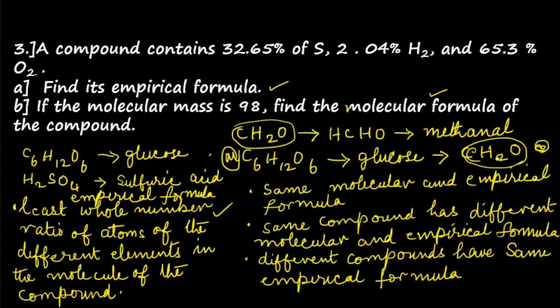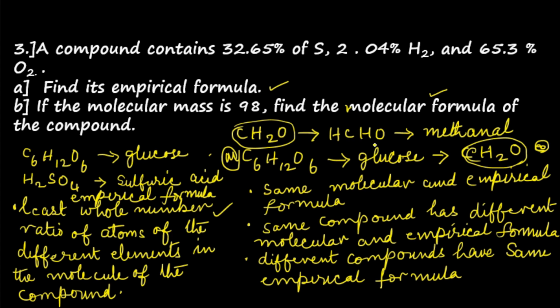If different compounds have the same empirical formula, their molecular mass will be different. What did I say? 2 different compounds have the same empirical formula. Take the same example, methanal and glucose. The molecular formula of methanal is CH2O. We can get the molecular mass of methanal from this formula CH2O.